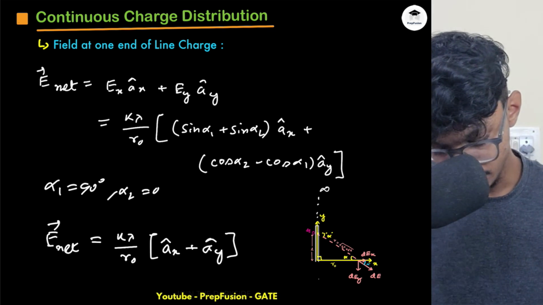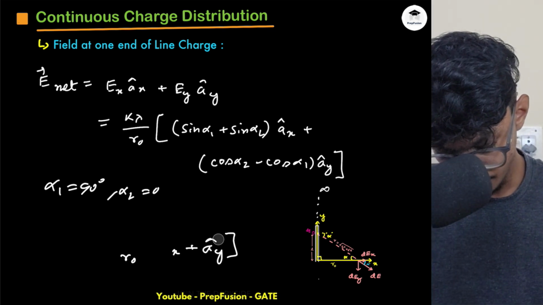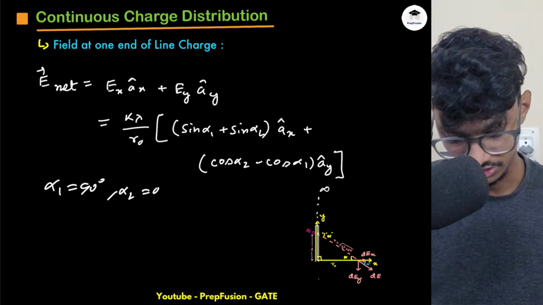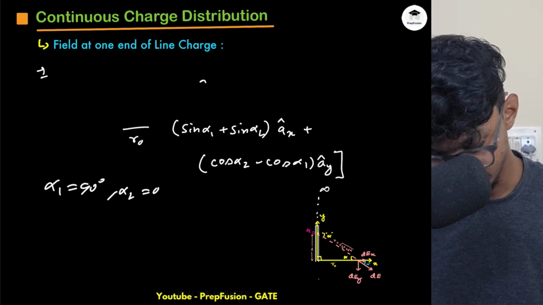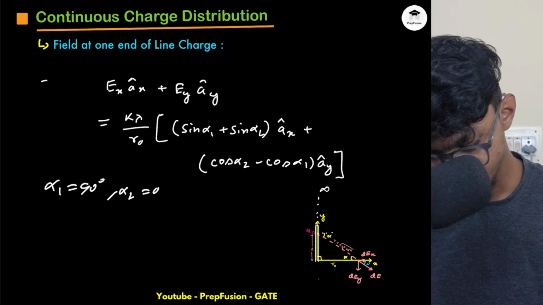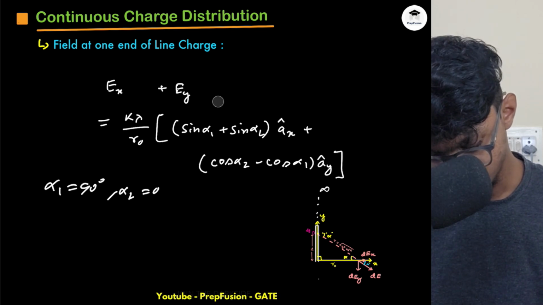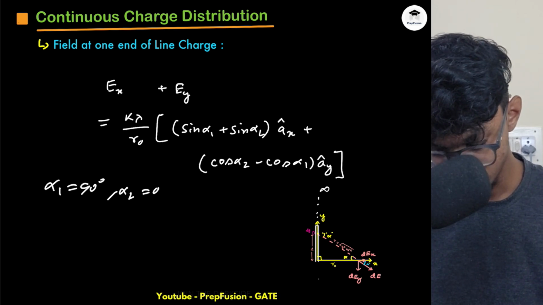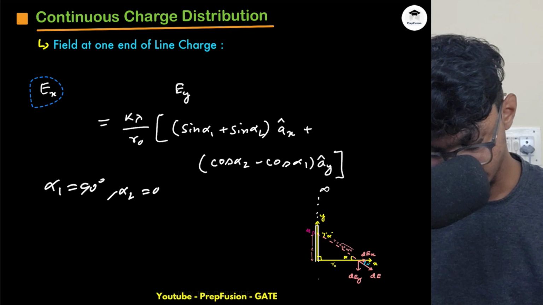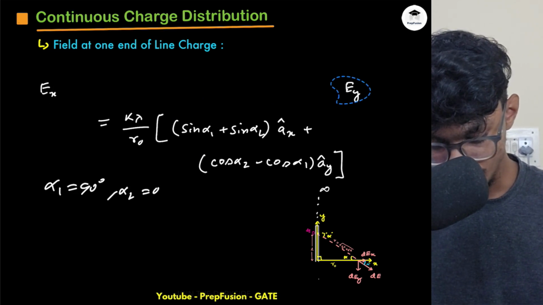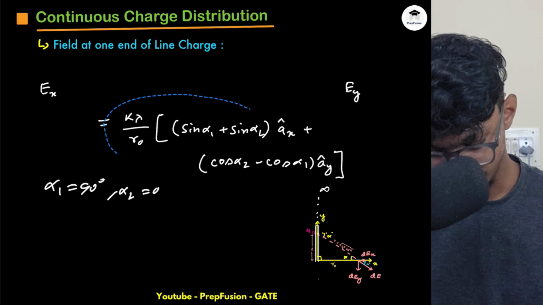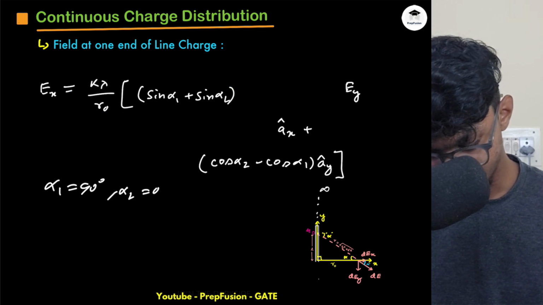Actually, what you do is you just determine the magnitudes and you put the directions by yourself. That will actually be the best thing. Instead of writing this E net, I think the best expression is you just write the magnitudes. That is the best way around. Because if you try to identify the directions, that will be difficult. So you give the directions by yourself.